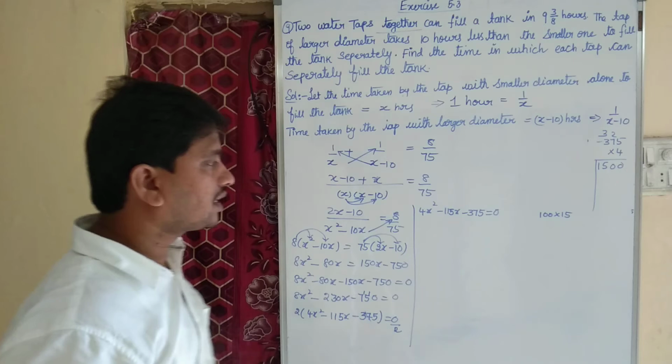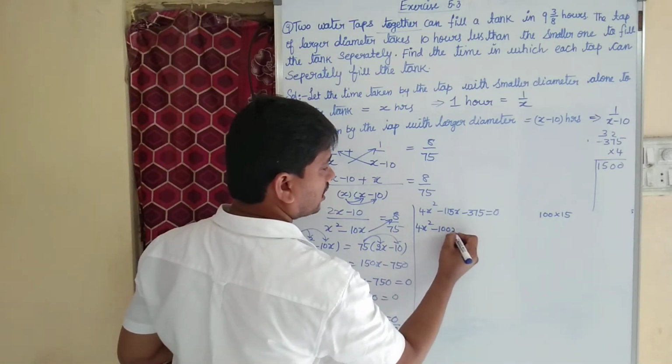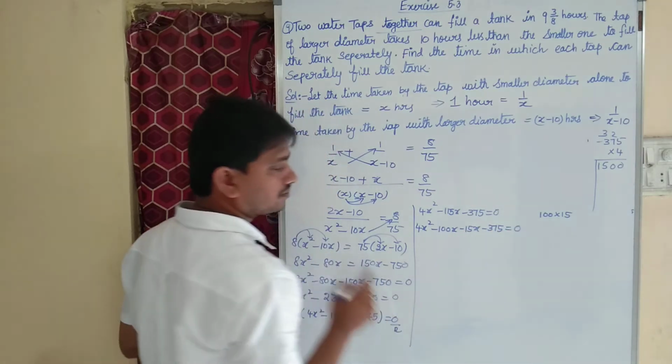Yes, the factors are 100 and 15. So I can write it as 4x square minus 100x minus 15x plus 375 equal to 0.